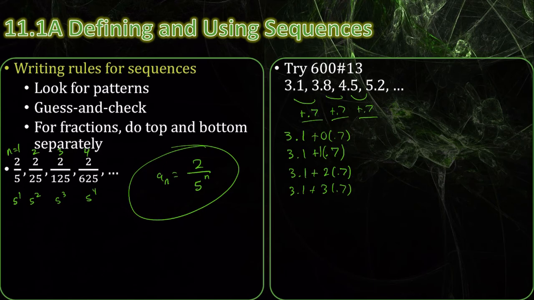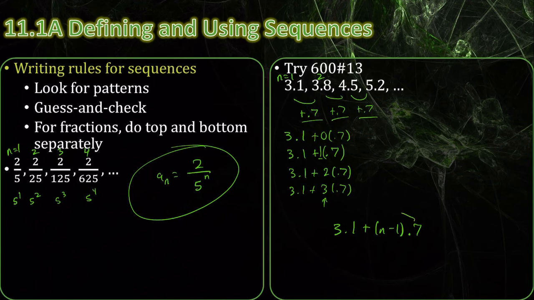So that looks like it's going to be 3.1 plus, that's the number that's changing. So for the first one, where n is 1, that number is 0. For the second one, where n is 2, that number is 1. So it's 1 less than whatever n is. So it'll be n minus 1, and then the 0.7.